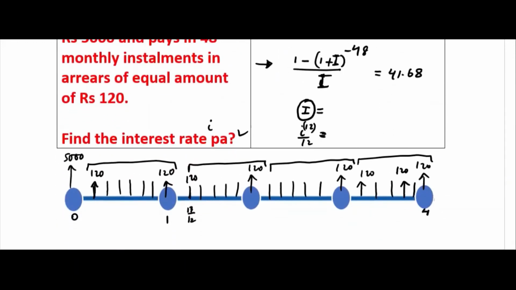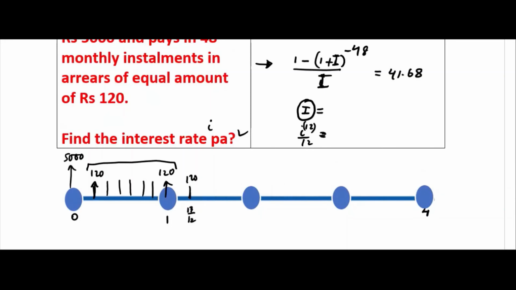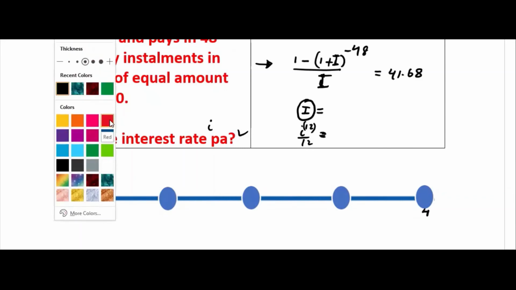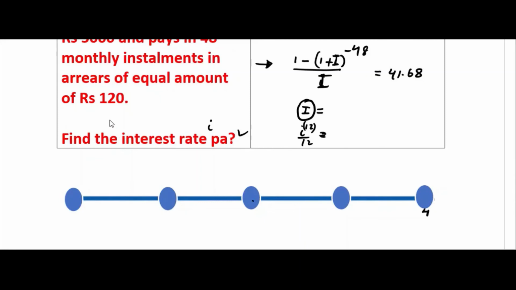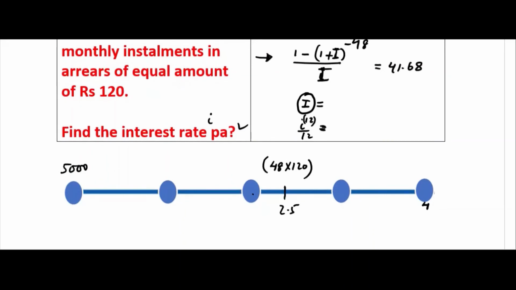We have 4 years, again we'll take 2.5 on an average, the point will take 2.5, all payments will write there. Okay, 120, 48 payments here I will take, and I will discount, and I will equate it to 5,000.